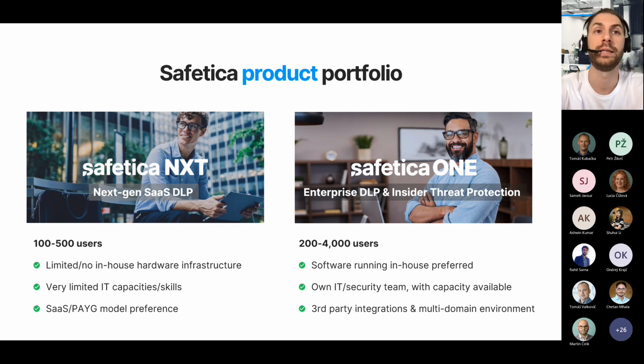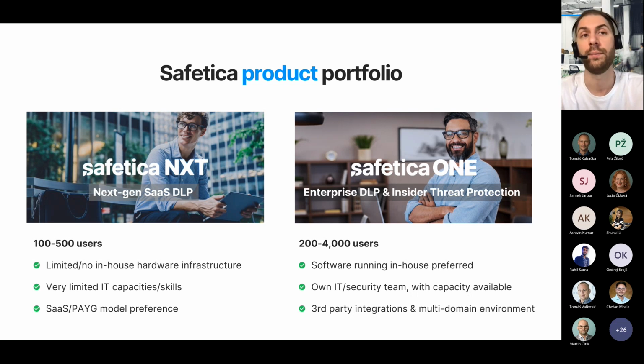Those are usually companies that prefer the software running in-house on their own infrastructure, on-prem. They usually have their own IT or security team that has the capacity available, so they can spend much more time with configuration and their own fine-tuning of the settings, and so on and so forth.